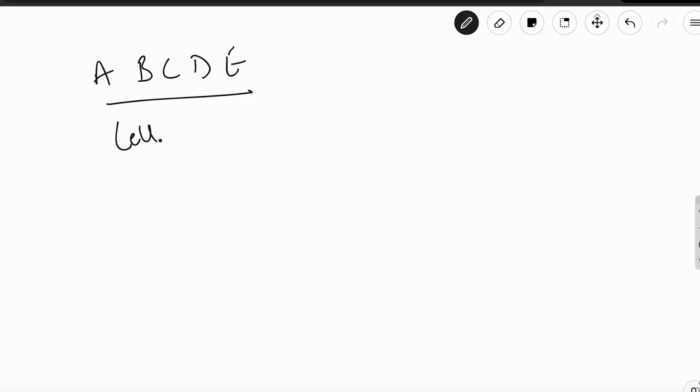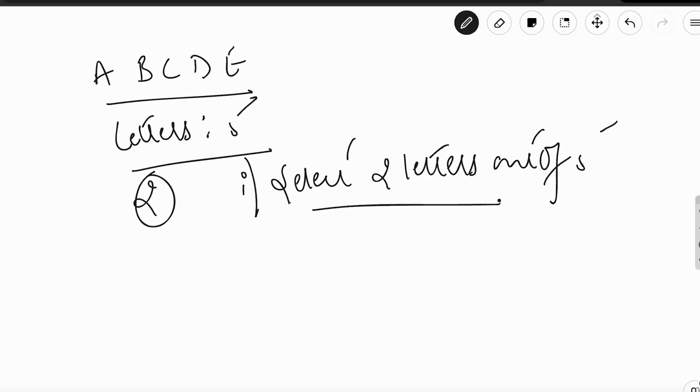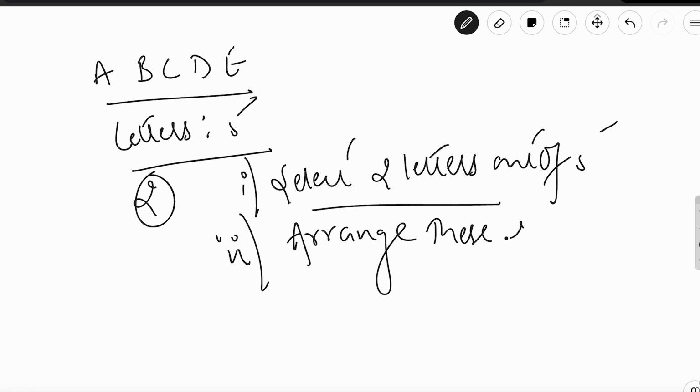For example, let's say I have 5 letters, but I want to arrange 2 letters. So first I will select. My first step will be to select 2 letters out of the 5 which are given, and then next I will arrange these two letters.